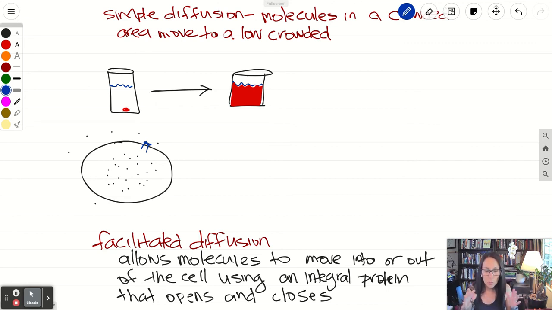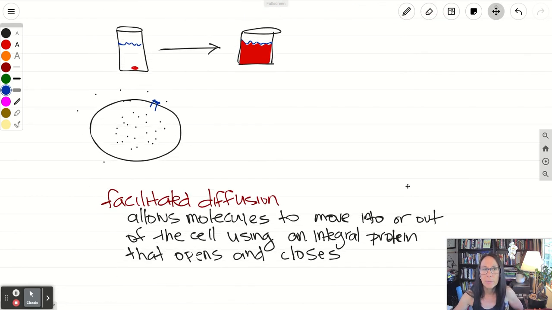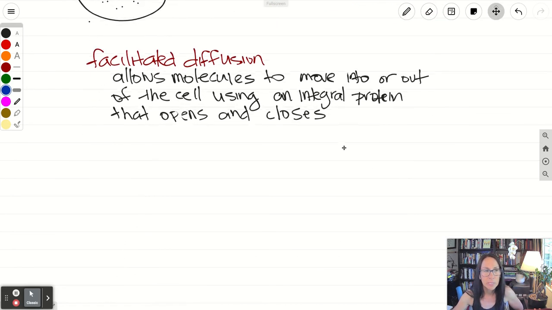Okay. So that's the only difference between simple diffusion and facilitated diffusion: the channel is either open in simple diffusion or can open and close in facilitated diffusion. Okay, and that way it gives the cell some control. Okay, the last thing that I want to talk about in terms of passive diffusion is this idea of osmosis.